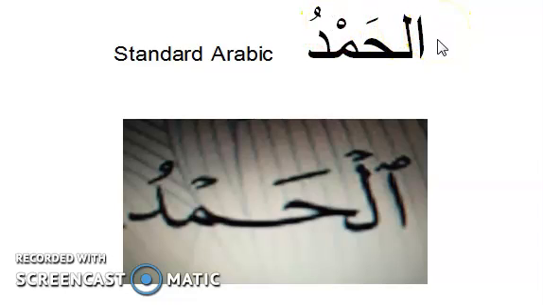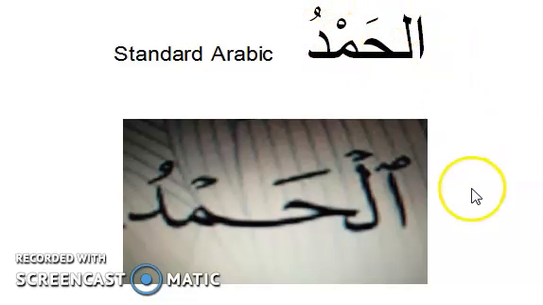Do you remember when we said that in the short vowels video? We said that when you see this circle on the top of a letter, you stop. It means there is no short vowel: no fatha, no dhamma, no kasra. So when you spell a new word, you stop at the letter with this small circle.